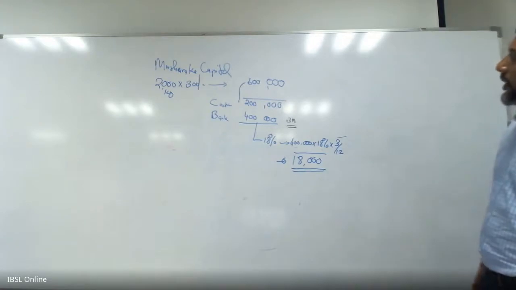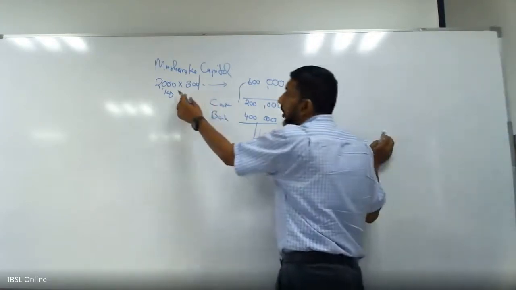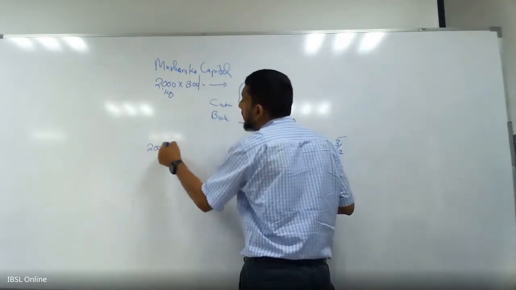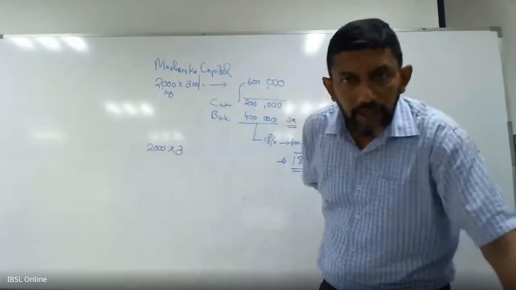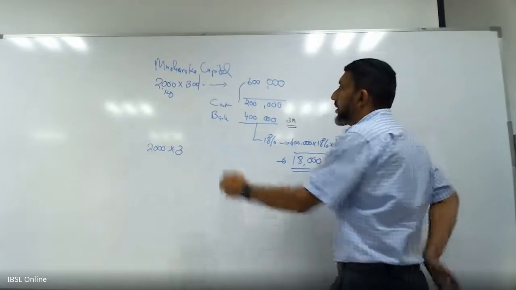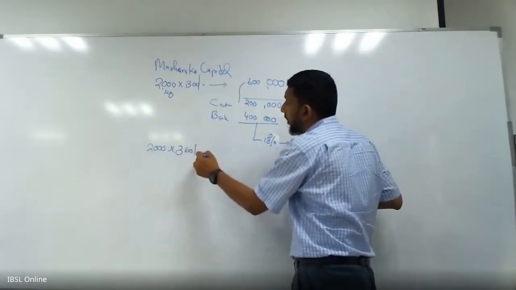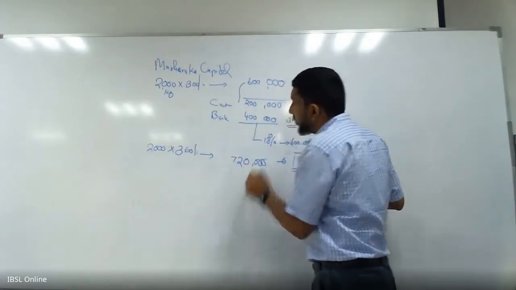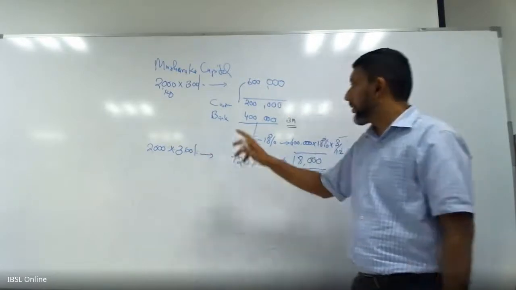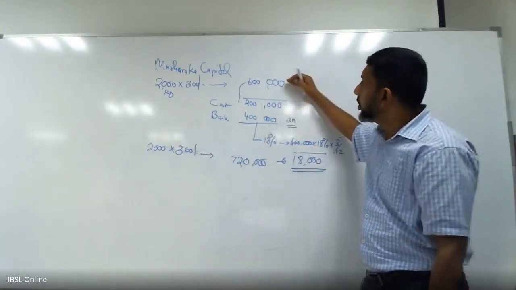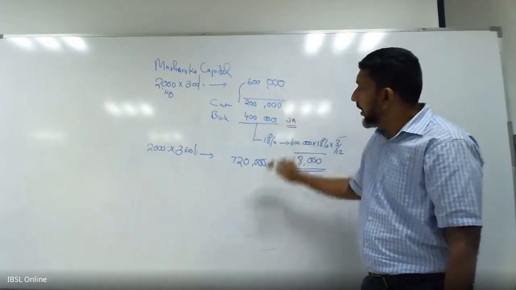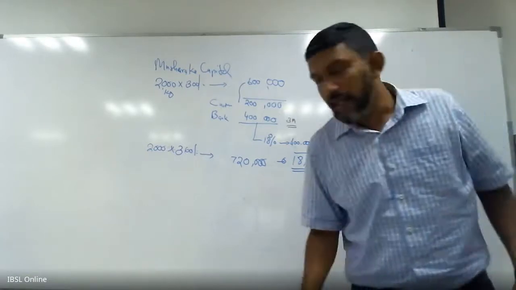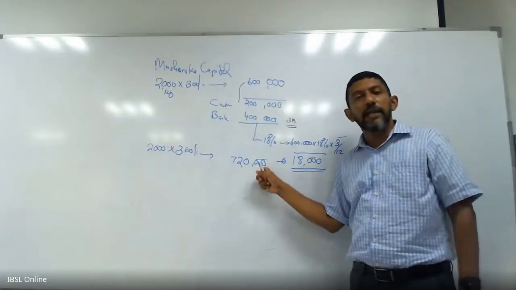Mr. Niroshan told us he is buying 2000 kilograms of tea at 300 and he can sell them at 360. So the goods he is buying at 600,000 rupees, he can sell at 720,000 rupees, and he can do that in 3 months.